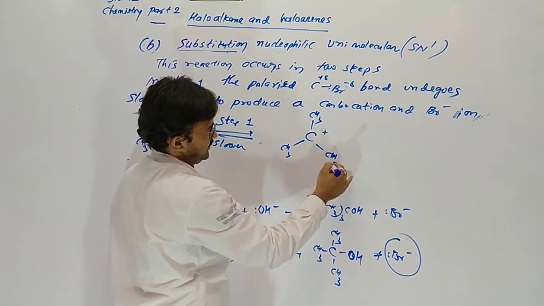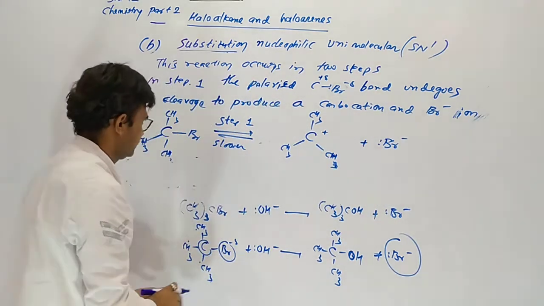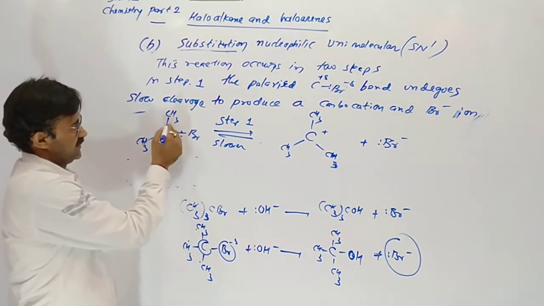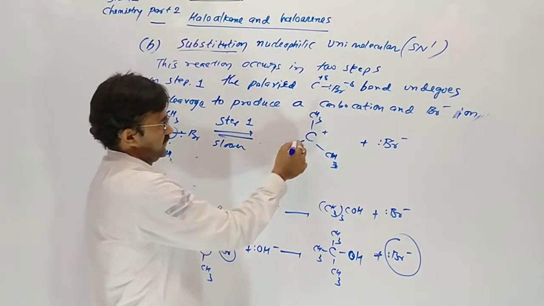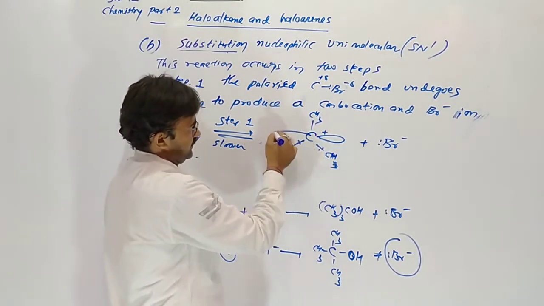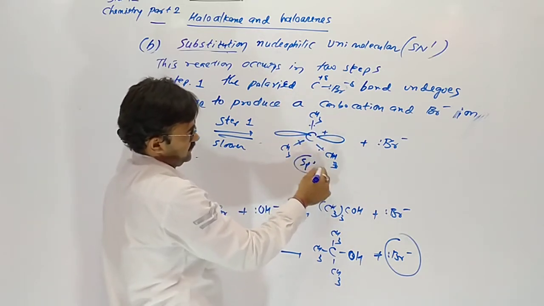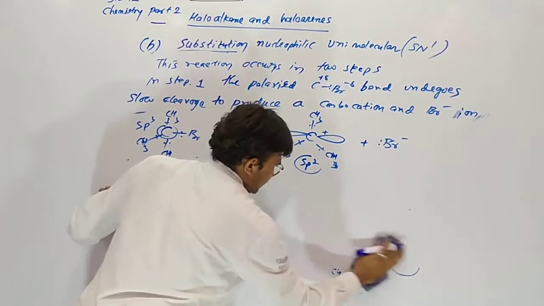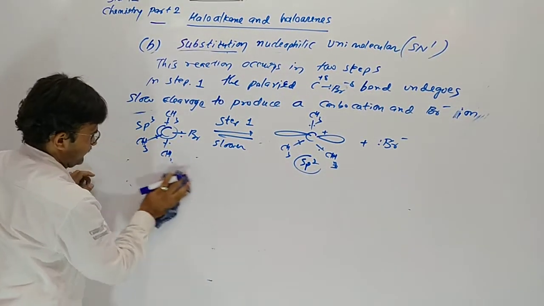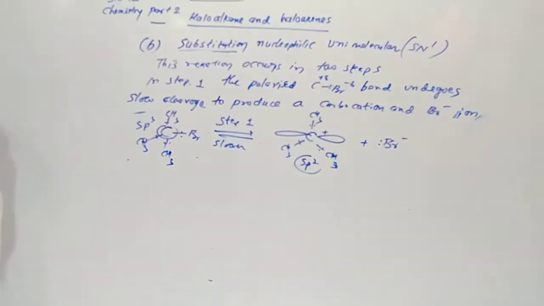Yes, this is tertiary, and removal of the bromide ion. Here the hybridization is sp3. But here one orbital of carbon is vacant, so here it is sp2. So all the carbons are in the same plane. This one is tetrahedral due to sp3. This one is now planar. Slower one step.